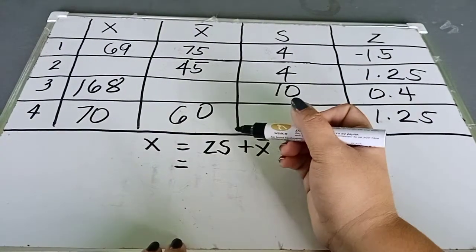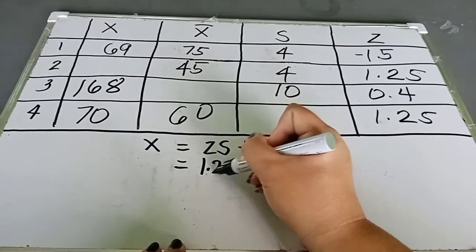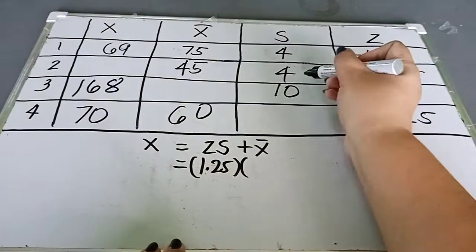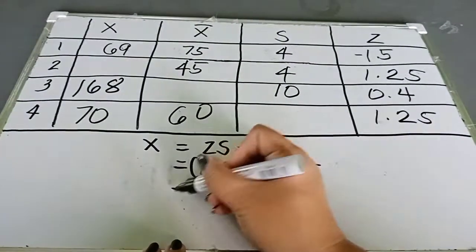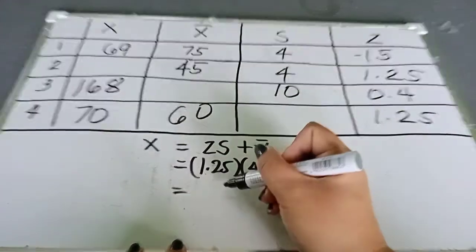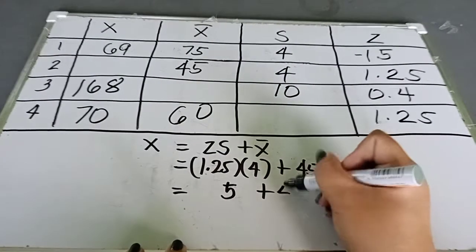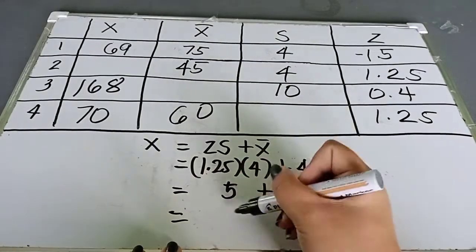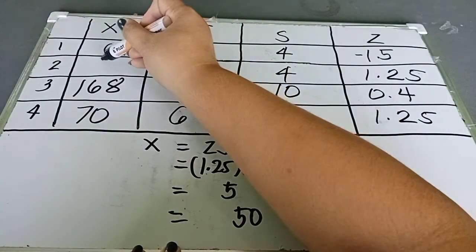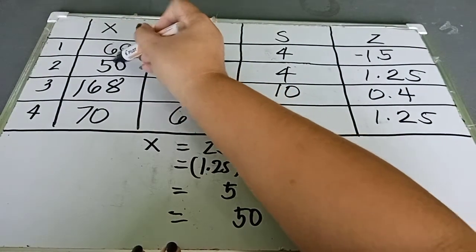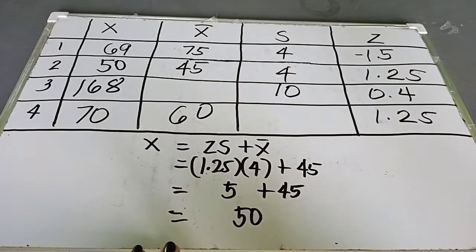Let's substitute: 1.25 multiplied by your standard deviation, 4, plus your given mean, 45. Simplify: 1.25 times 4 is equivalent to 5, plus 45. So 5 plus 45 is 50. Therefore, our given measurement is 50. That will be your answer.